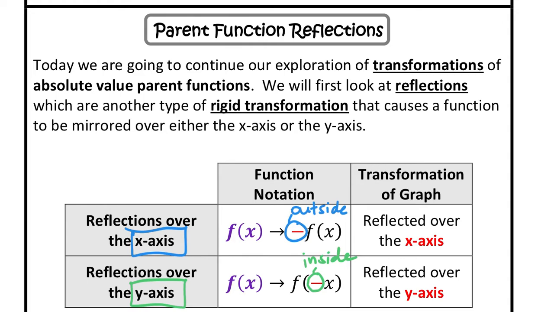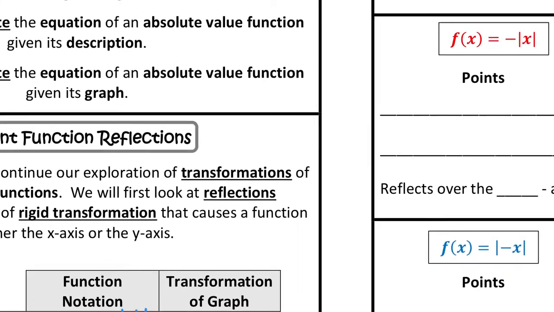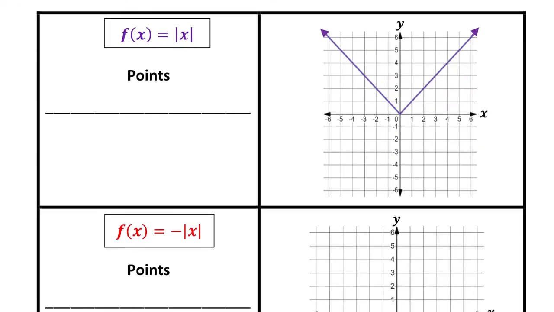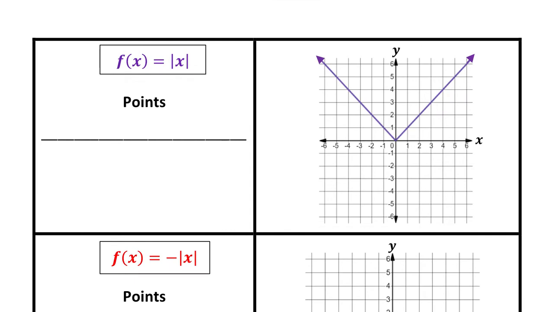Okay, so let's slide over to this example here, and we're going to see what happens to the points. A couple of points that I can choose, looking at the graph. I can pick these 5 points.